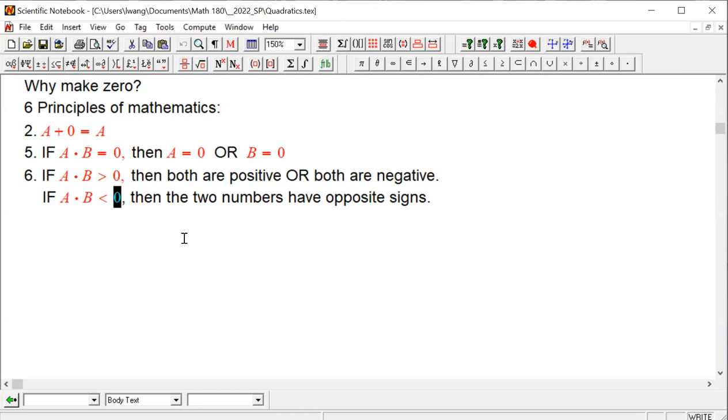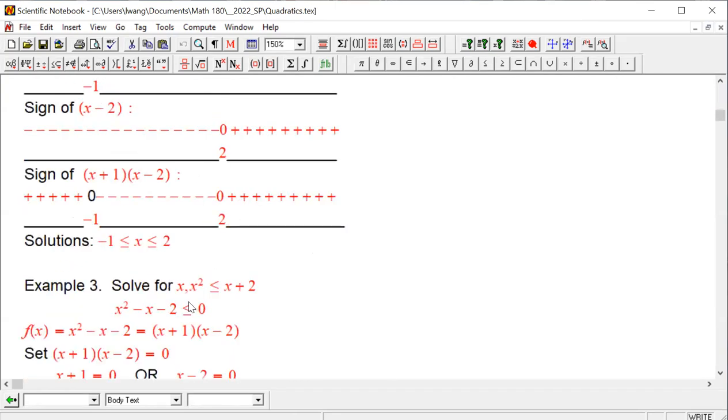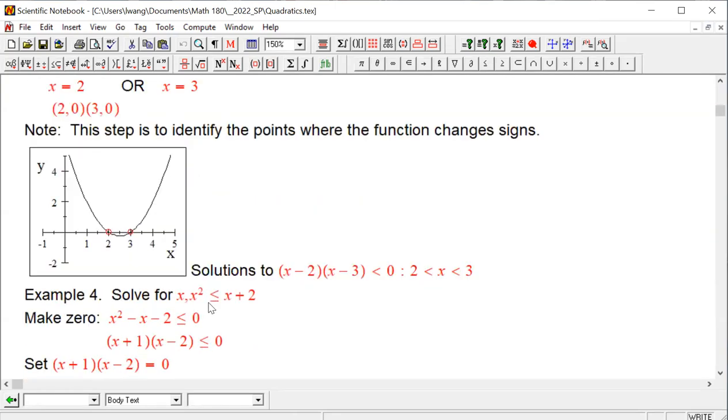And besides, comparing with 0 also connects us with x-intercepts in the function context. So for this reason, that's why we made 0 in our previous examples.